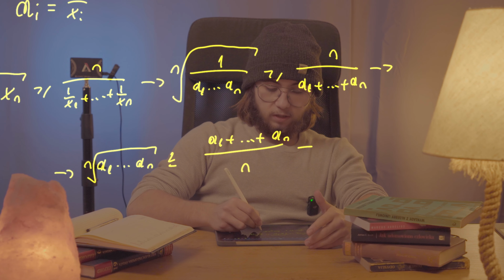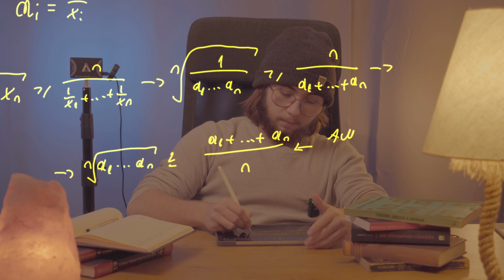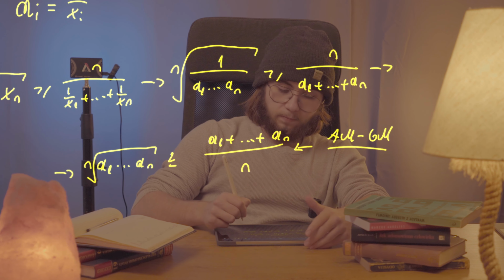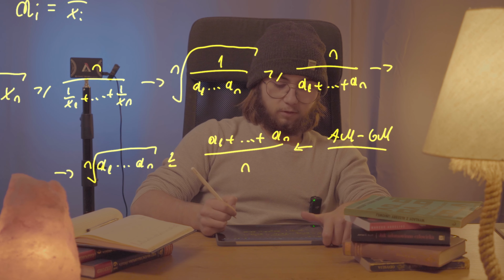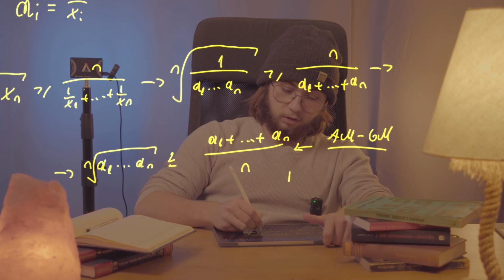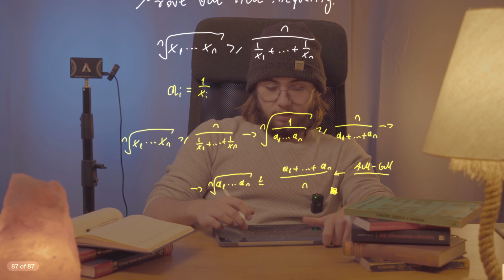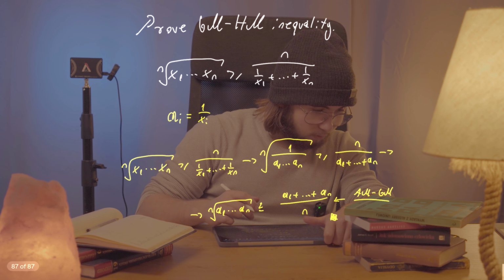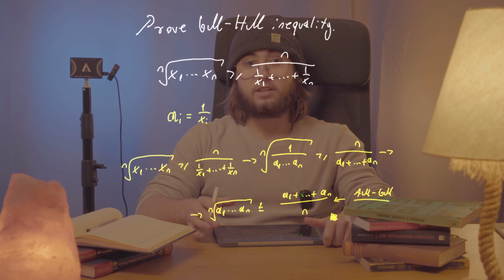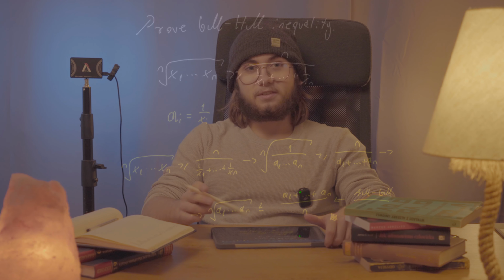But this is just the AM-GM inequality, which we proved just a few seconds ago. And this is, ladies and gentlemen, the perfect proof of this inequality. That was quick, it was 3 minutes and 5 seconds, so I think it's a perfect time to go on and solve some problems.